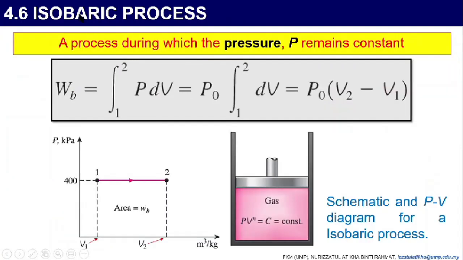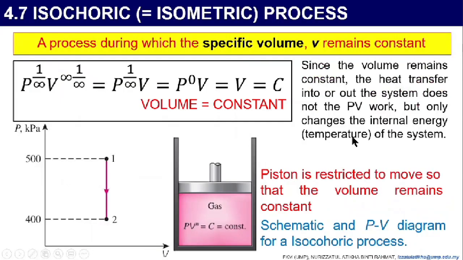Now let's move on to isobaric process. What is isobaric? Isobaric process means that pressure remains constant. If pressure remains constant, the equation for moving boundary work WB is equal to P0, the constant pressure, times (V2 minus V1), where V2 is the final state volume minus V1, the initial state volume.